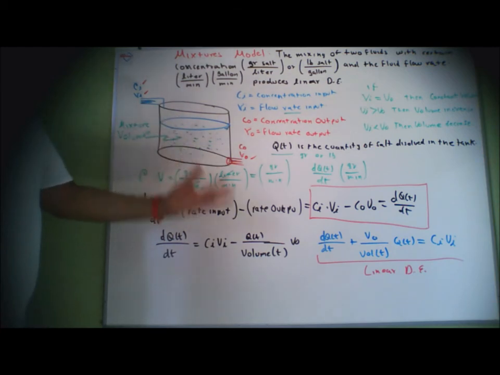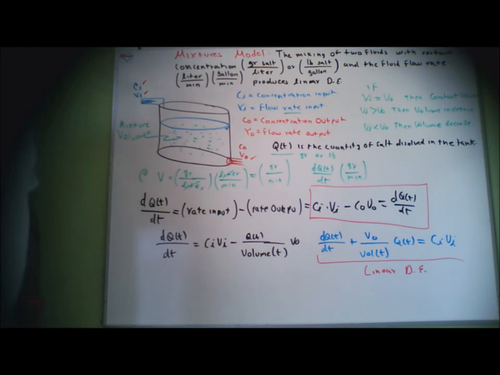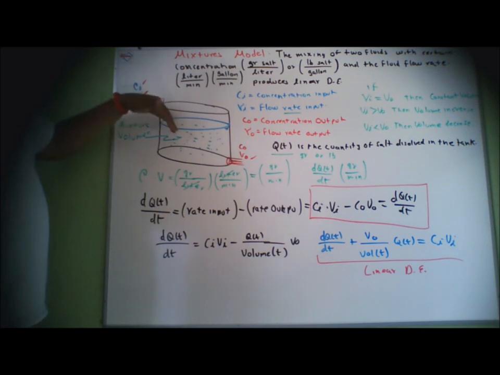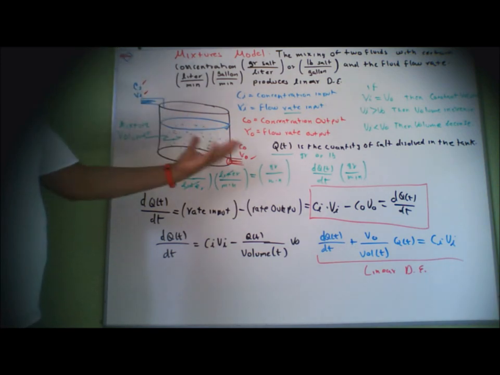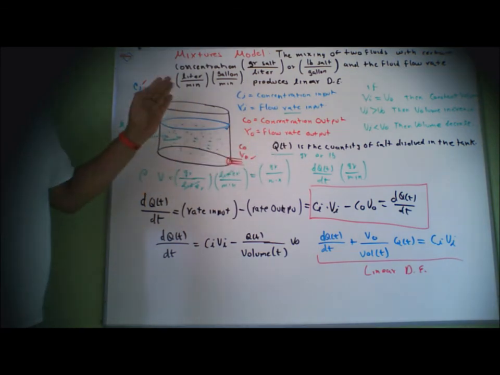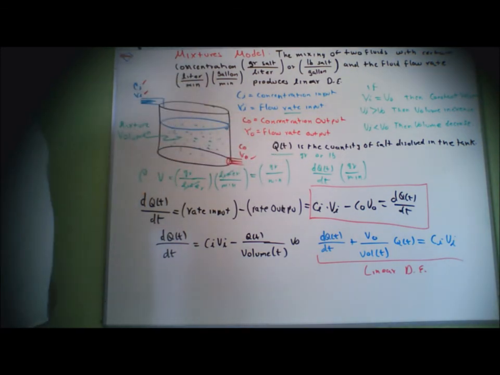The other application is water treatment plants, where dirty water comes in and you want to clean it. So you want the dirt to go away, so you want the Q(t) to go to zero in large tanks.